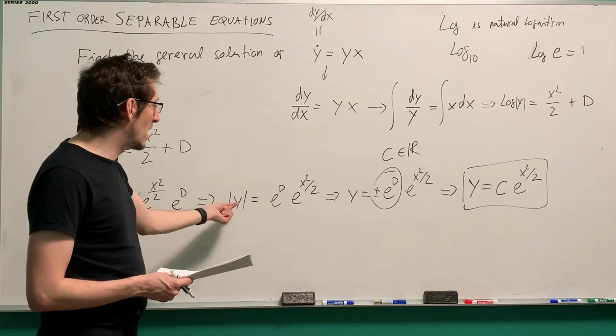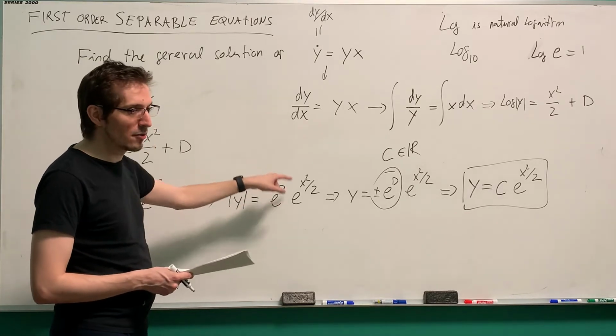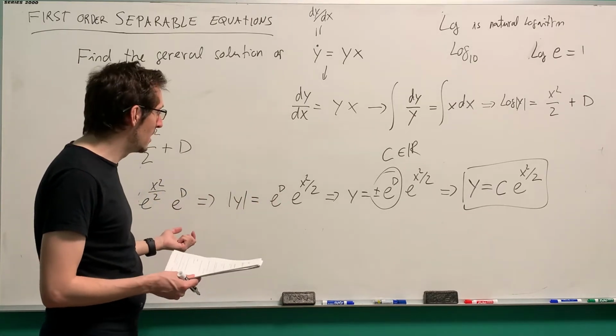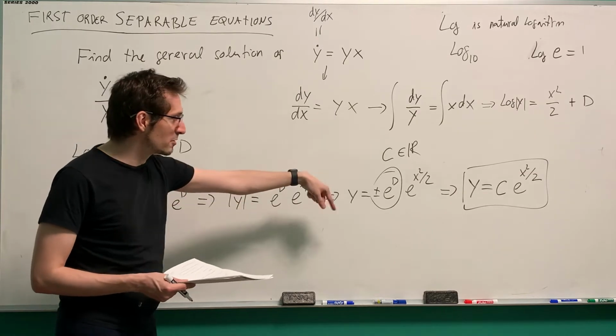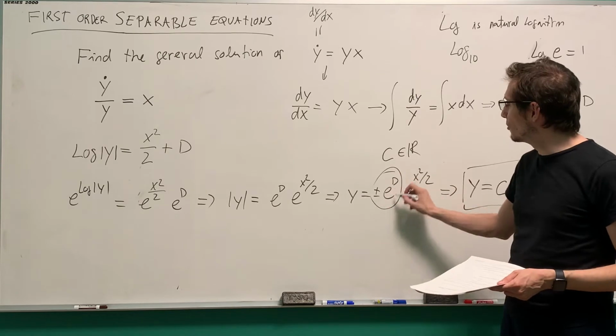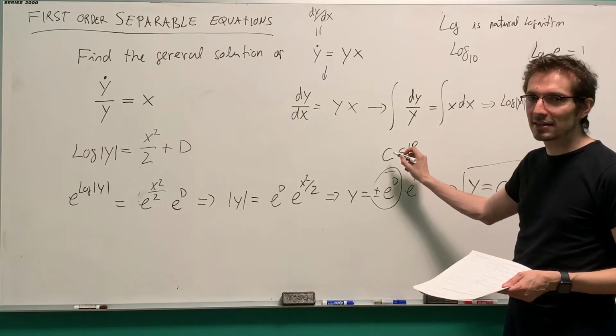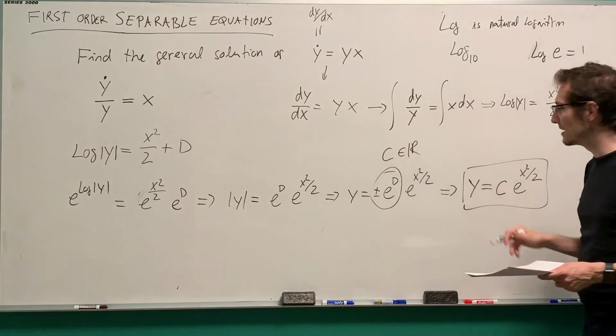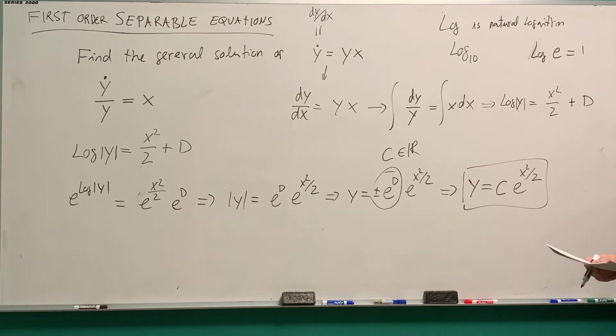But the exponential of any real number is always positive, and this is the absolute value, so it could be positive and negative. So I call e to the d, with all the possible values positive or negative, a new constant c that is any real number, and that's the solution to the problem. All right, so you know how to solve that equation now.